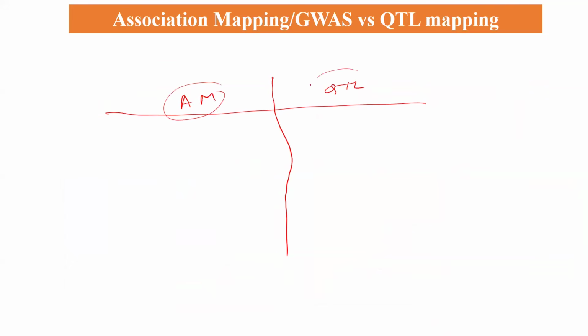So you should know the difference between association mapping and QTL mapping. Most important, everyone asks what the difference is between association mapping and QTL mapping. Most people are confused that association mapping and QTL mapping are the same, but actually they are not the same.